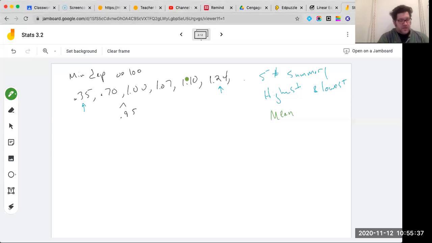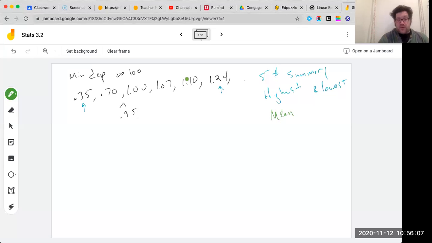So the mean: 0.35 plus 0.7 plus 1 plus 0.95 plus 1.07 plus 1.1 plus 1.24.